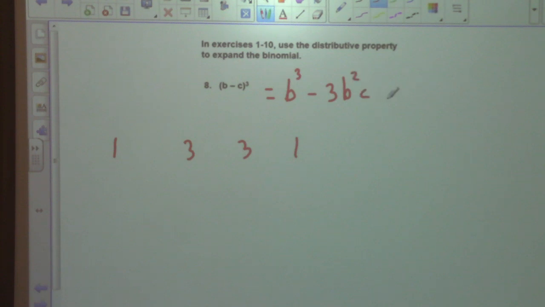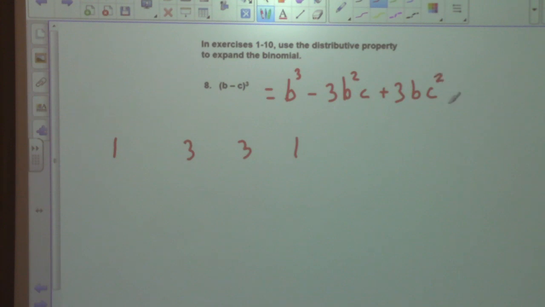C, and then we're going to have plus, what's the next thing in the pattern? 3, and what's the next thing going to be? It's going to be b cubed, b squared, b, and this one is going to be c what?